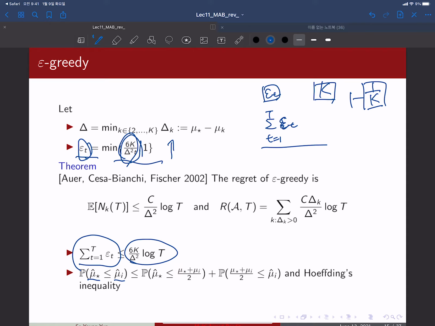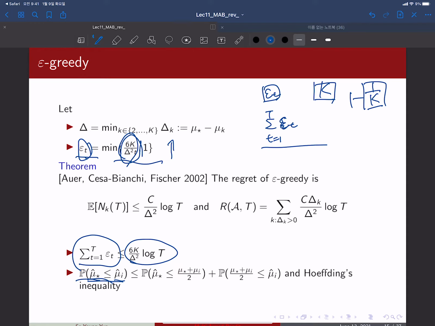This is the necessary condition for arm i to be played instead of the best arm. Only if mu hat star is less than or equal to mu hat i can arm i be played instead of the best arm. So additional regret can occur due to arm i, and we have to analyze this one.